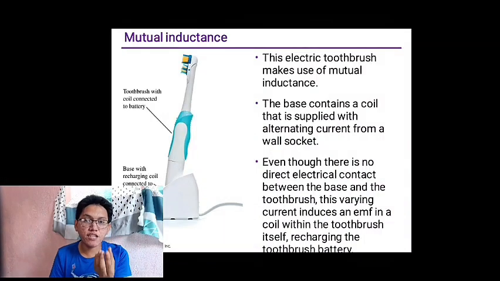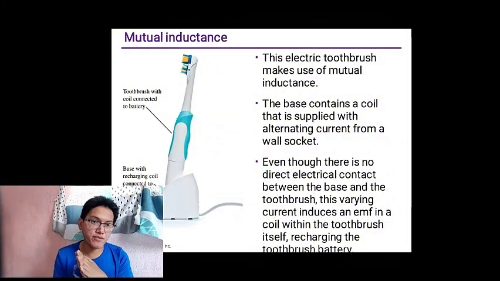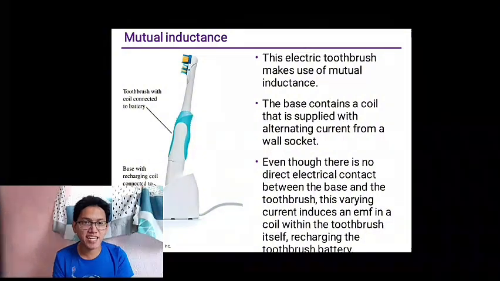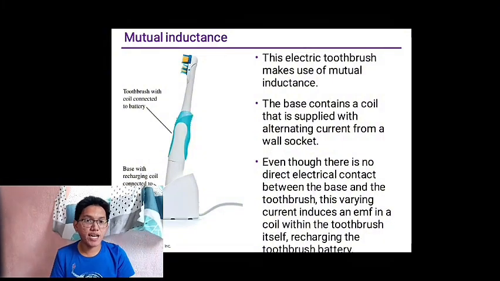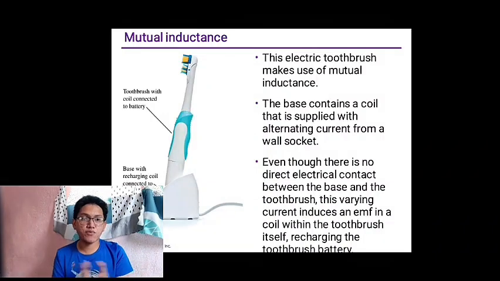The changing magnetic field induces an EMF in a coil inside the toothbrush, which recharges the battery. This is a safe and practical use of mutual inductance. It is very nice to imagine that we have that kind of technology, something that we have been enjoying nowadays.